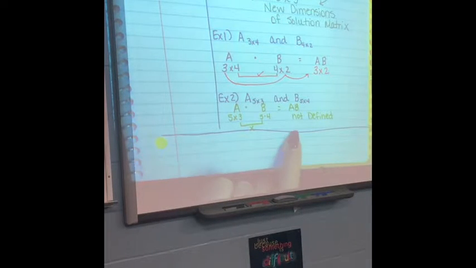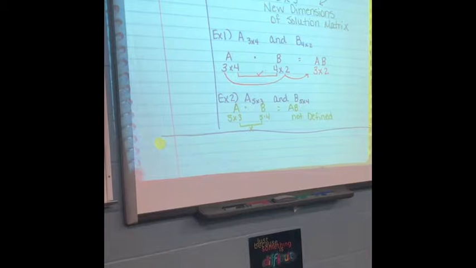AB is not a defined matrix. They can't be multiplied. Okay, questions? Okay.